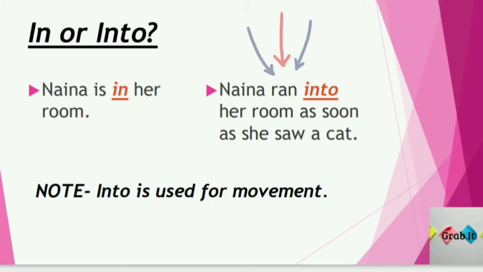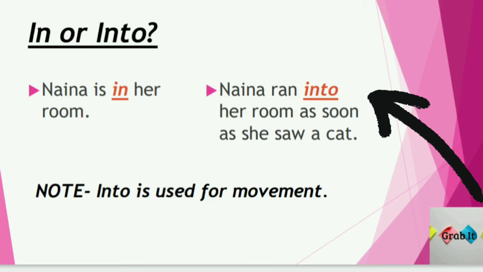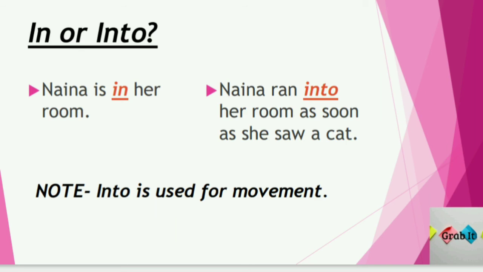If I talk about the first example, here, Naina is in her room. Here, we can't see any kind of movement. There is no movement in this sentence. But if I talk about the other sentence, which is Naina ran into her room, here is a movement. Naina ran into her room.